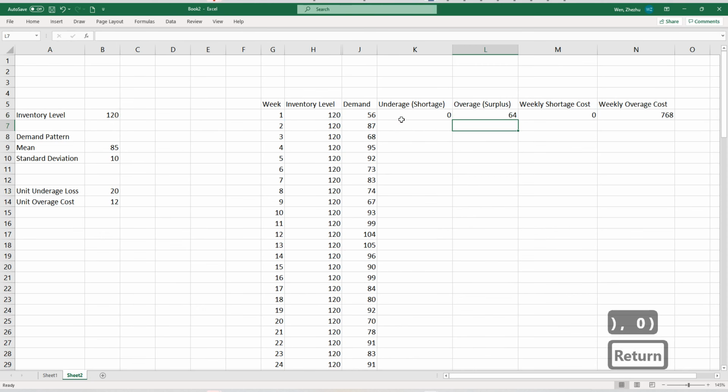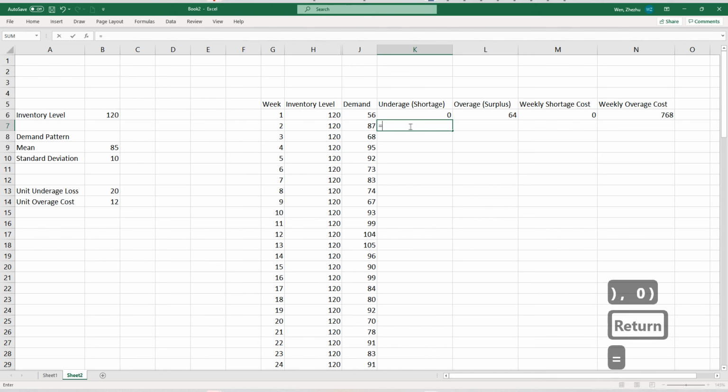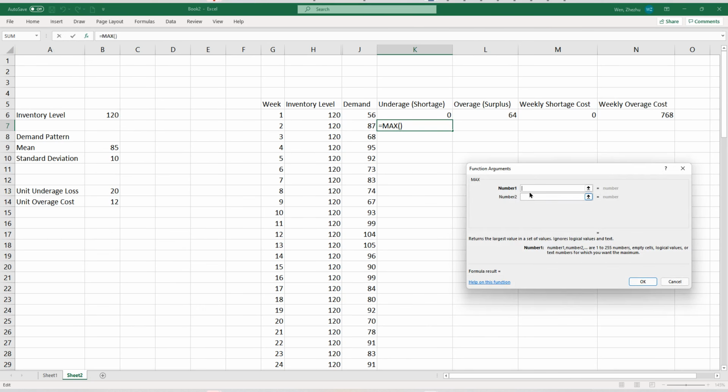I'll be doing it a little differently this time because with two parentheses it is a little messy. Once you type max and open one parenthesis, you can click and open the function dialog box. We know the second parameter we're evaluating is 0.